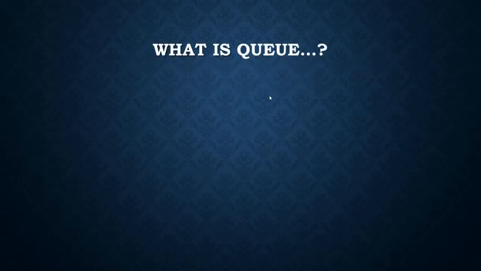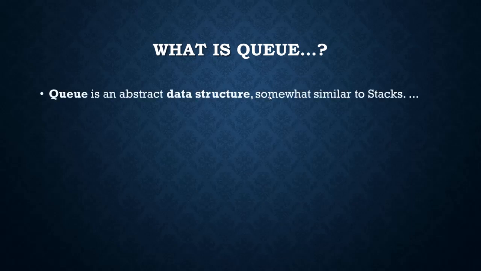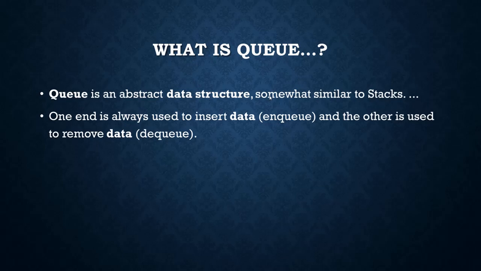So what is a queue? Actually, it's a very practical thing that is almost similar to the stack, but not the stack. You can remember the stack works as last in first out, but here the queue works as first in first out. That means first come, first served.